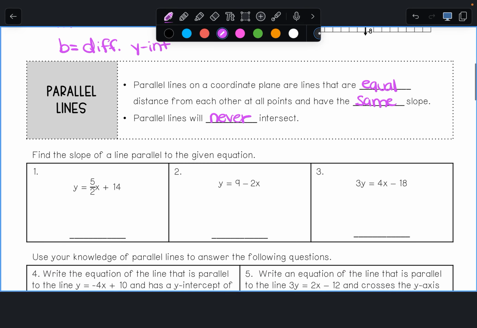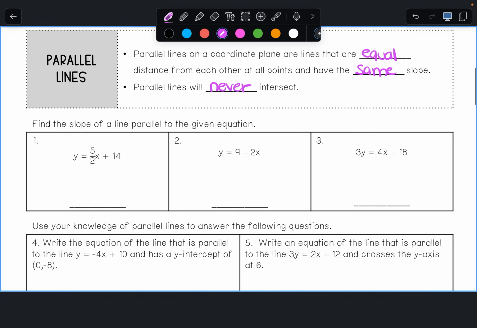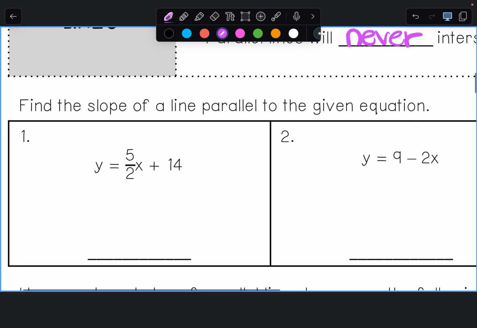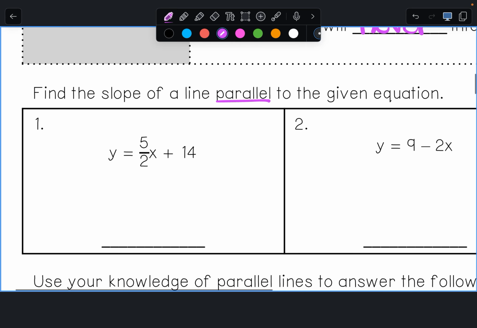Find the slope of a line parallel to the one given in the equation. When you're trying to describe a line that's parallel to another one, we use certain symbols. So first thing you need to know is what is the slope? Why did they give us this equation here? We only need one piece of information from it. In order to know if it's parallel, we need to know the slope of it.